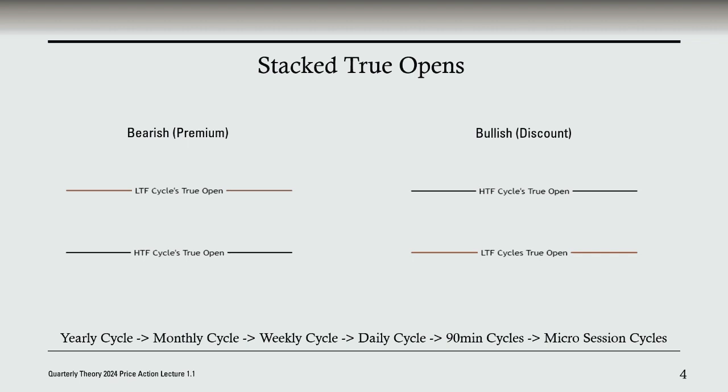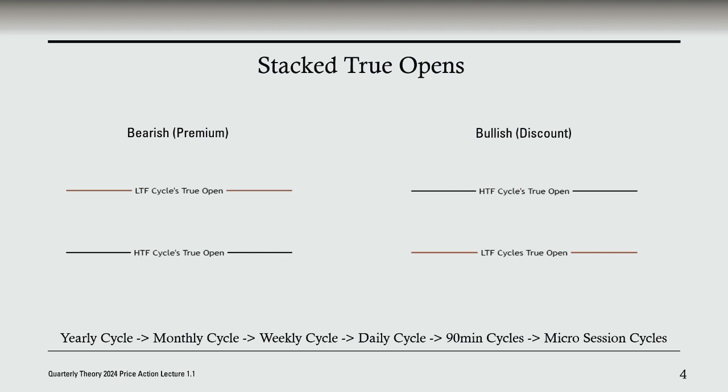So, for example, if you're looking at a daily cycle, you want to trade the daily cycle, which you're going to use the 1 hour time frame to trade. No, my bad, the 15-minute time frame to trade. If you're looking at a daily cycle, you need a lower time frame cycle's true open to get that precise entry, right? And the opposite goes for bullish markets.